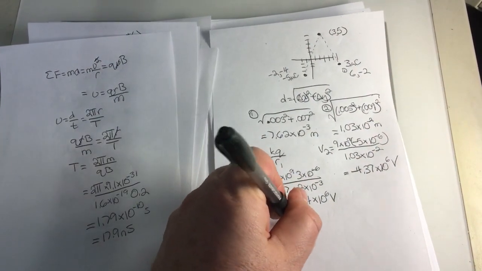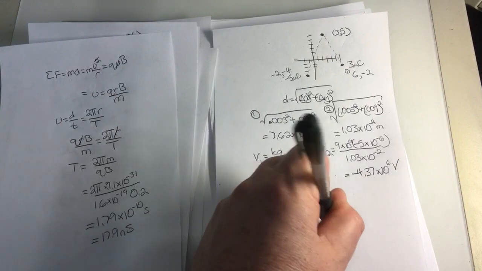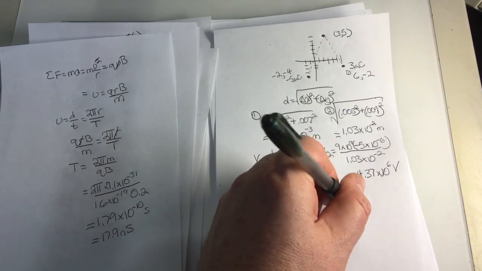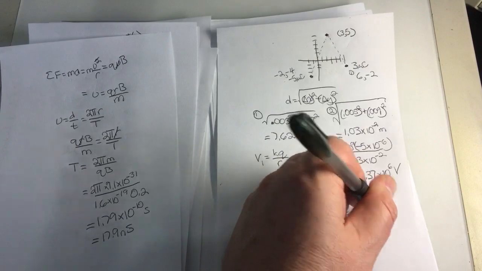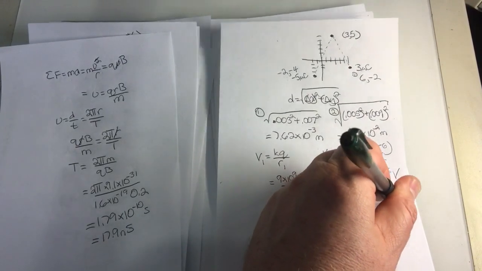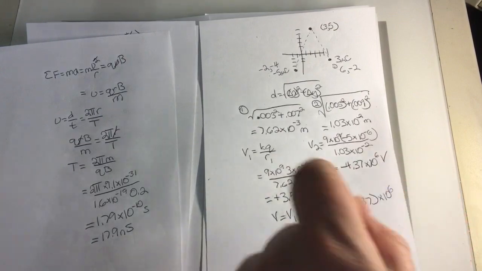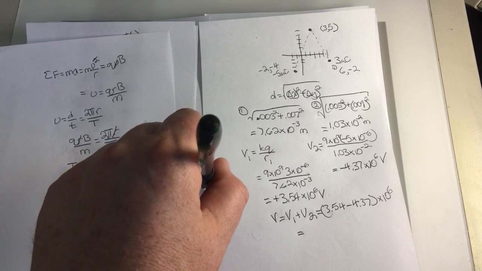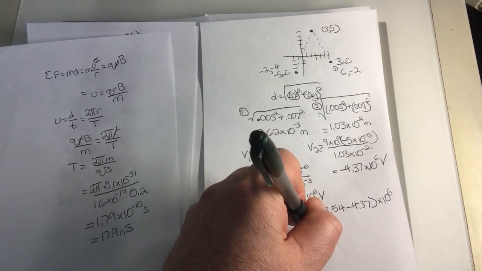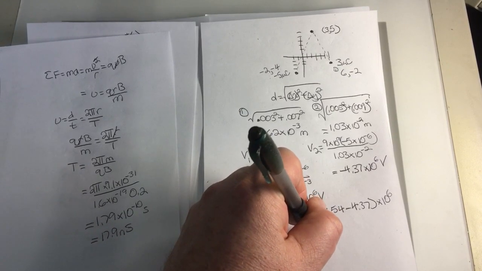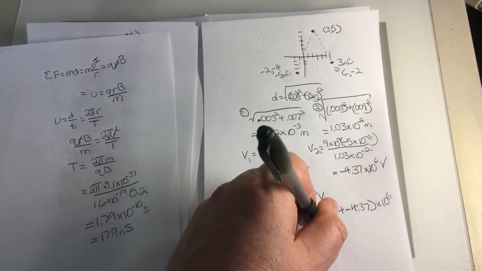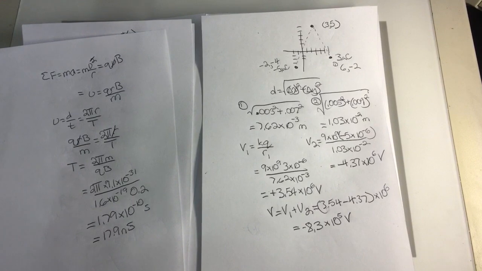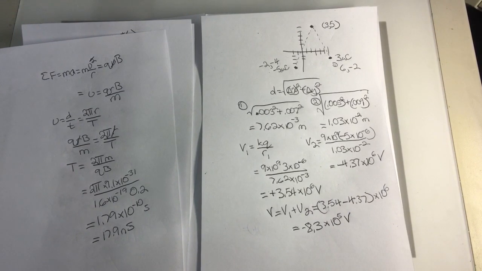And the total potential is V1 plus V2, or 3.54 minus 4.37 times 10 to the 6th, which gives me negative 8.3 times 10 to the 5th volts. And so that is the appetizer for 2.